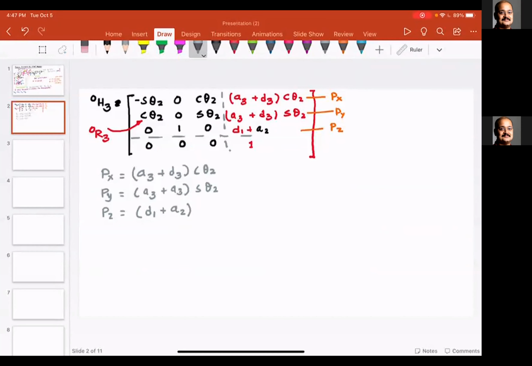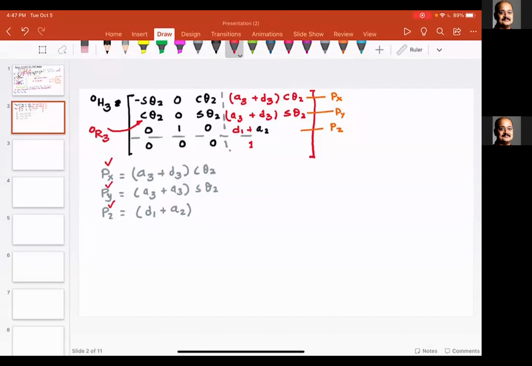Yes, I would label the roll, pitch, and yaw in the kinematic diagram in just a second. First, let me set up the problem in the position inverse kinematics. Let's identify what the knowns are. Px is known, Py is known, Pz is known.